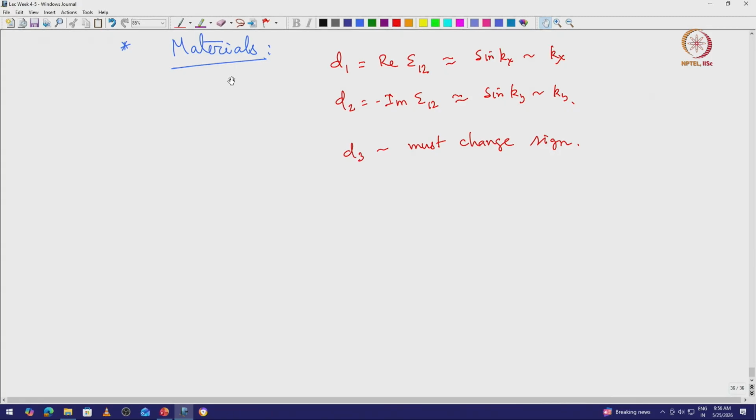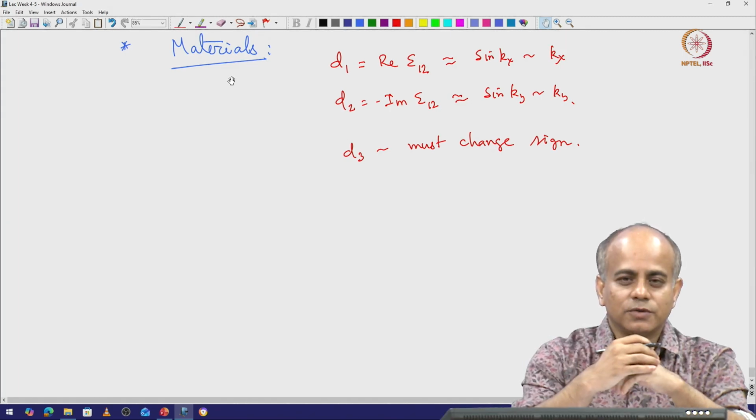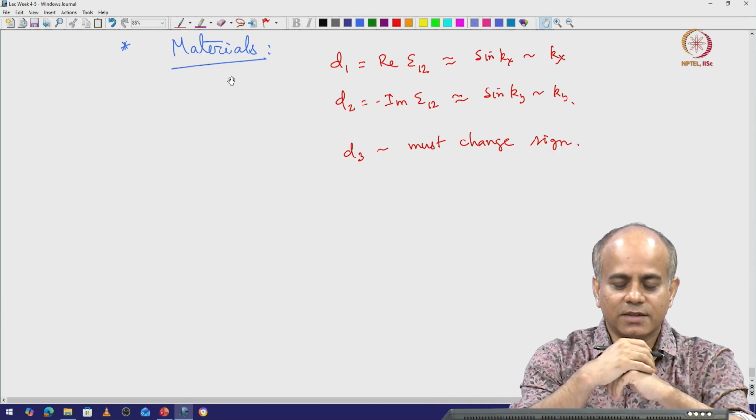So one thing we realized by now is that not any 2 by 2 Hamiltonian is good enough to give us a topological insulator.